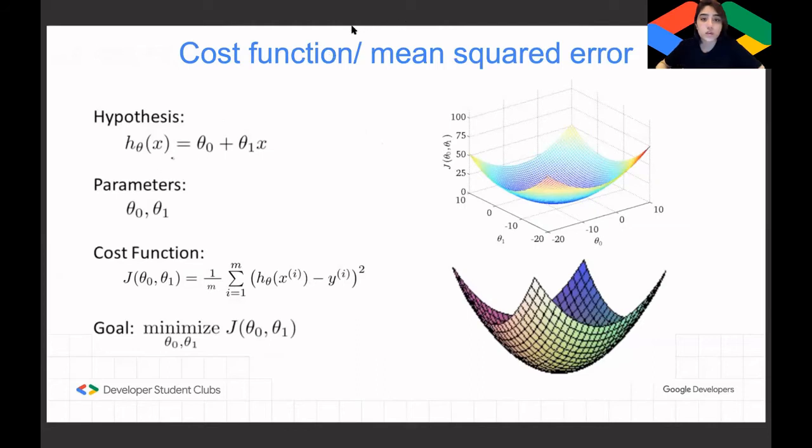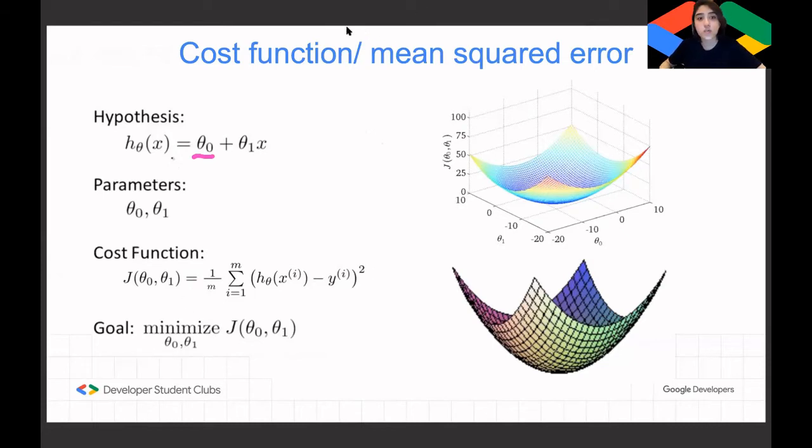So now going back to a more accurate representation of the hypothesis for linear regression, with the y-intercept as well as the gradient. These are our parameters, that's the cost function. Our goal is still to minimize the cost function.